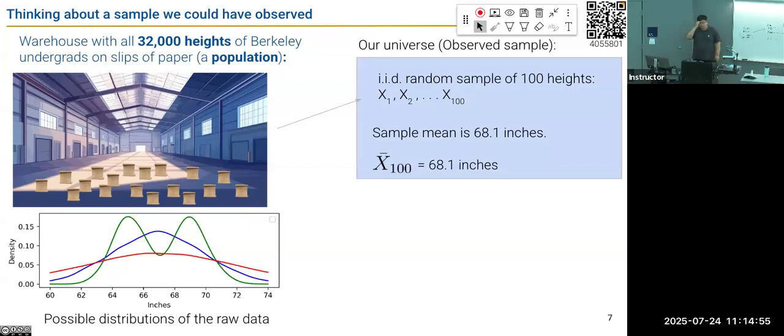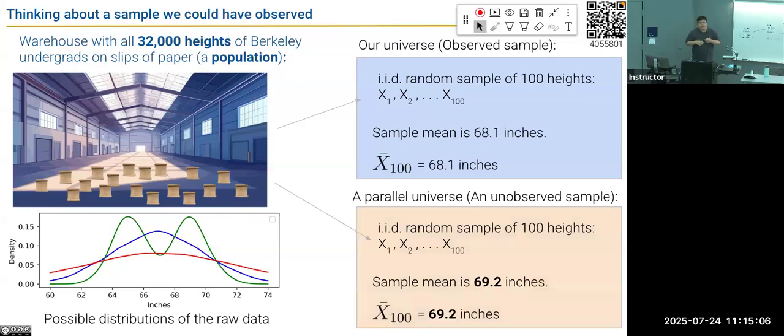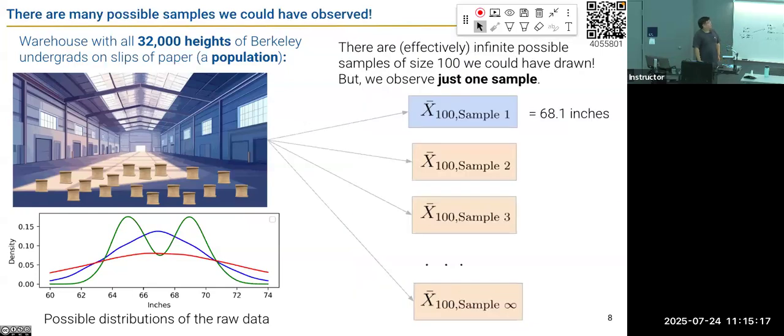Again, we only get to draw 100 samples. We don't get to draw another 100. We only get to do this once. But you can imagine that in a parallel universe, someone else does this study and draws another 100 samples, and their sample mean might come out to be, say, 69.2 inches.